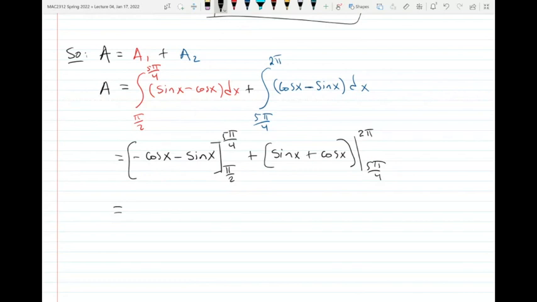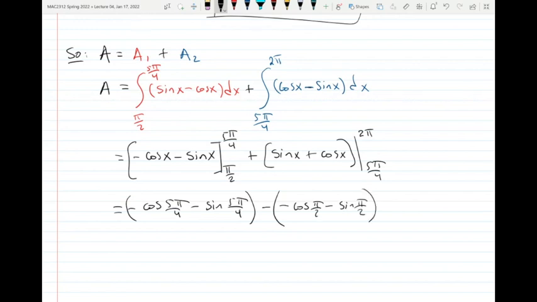So it's going to be negative cosine of 5 pi over 4 minus sine of 5 pi over 4. Then minus, I'm going to plug in pi over 2: negative cosine of pi over 2 minus sine of pi over 2.